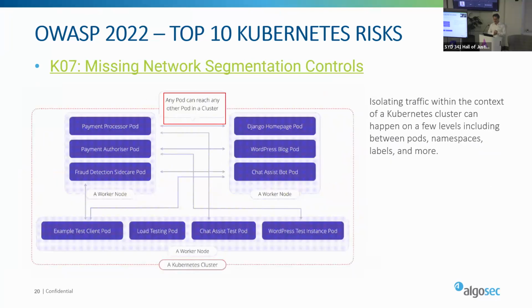All right, the next one is missing network segmentation control. We all are aware of the concept of zero trust, and having a mesh type of Istio project.